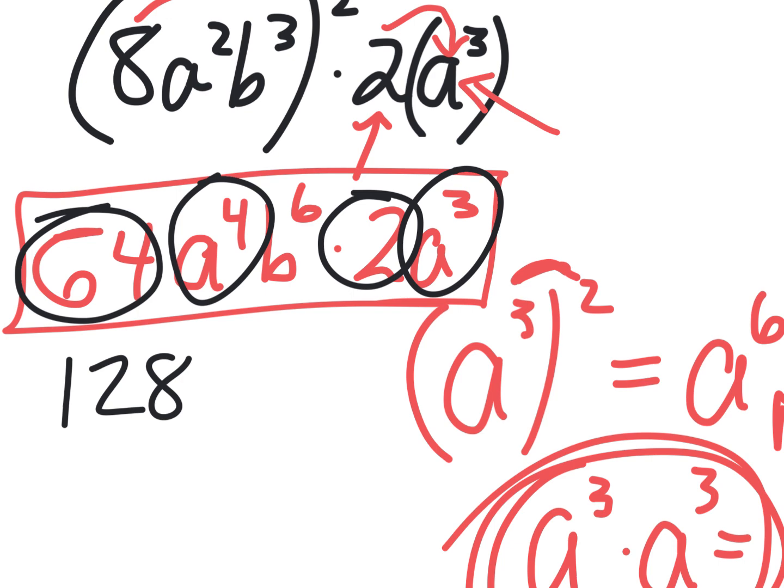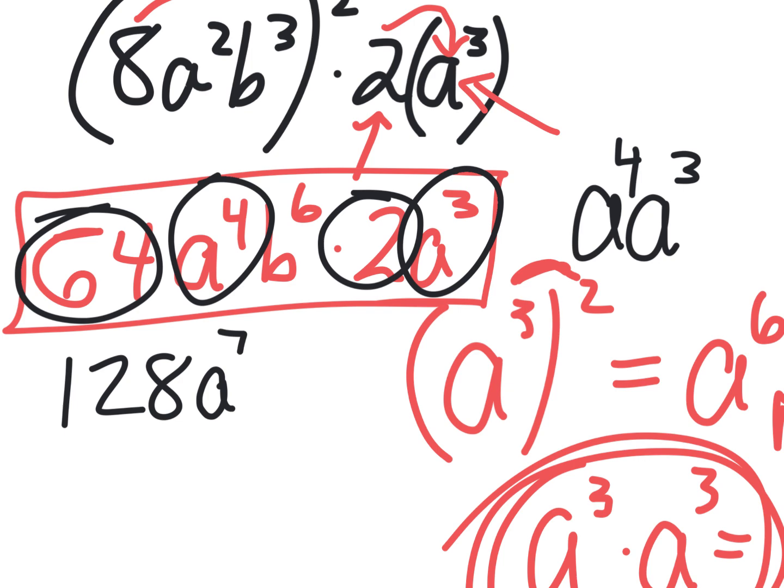If you wanted to just write them right next to each other, it would be a to the 4, a to the third, and that means a times a, and then that'll help you go, oh yeah, I guess it's a to the 7th. And then b to the 9th. No, wait, there isn't another b, my bad. There's just that b to the 6th. I thought there was another b, there isn't. There we go.